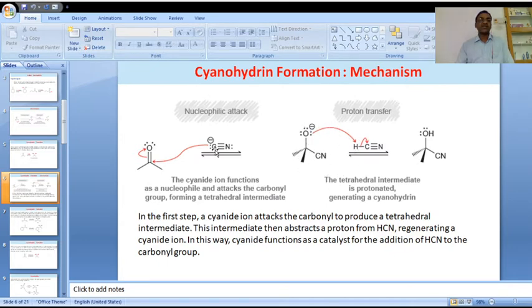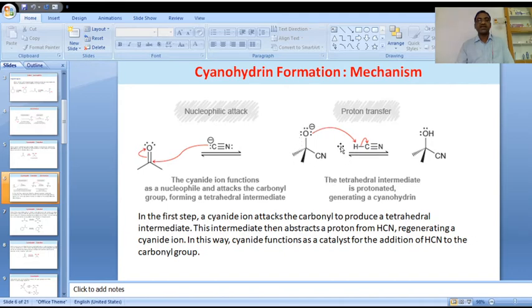Is it clear? Here the cyanide minus ion attacks the carbonyl carbon, with immediate cleavage of the pi bond between carbon and oxygen. In that case, the oxygen atom gets a negative charge, and cyanide attacks the carbonyl carbon to form the tetrahedral intermediate.